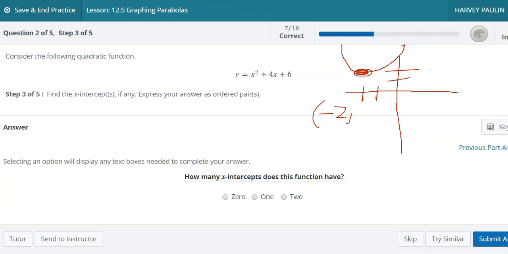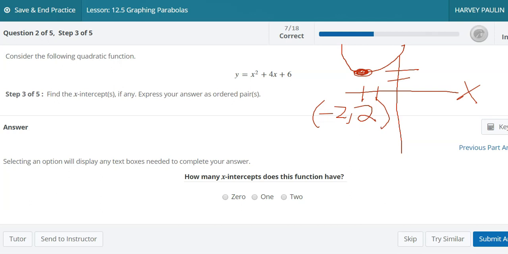Still have trouble with my pen here. And if I put that on a graph, remember that A is positive here. So this is going to be a parabola that opens upward. It doesn't reach the x-axis. So there are no x-intercepts. There are no zeros.